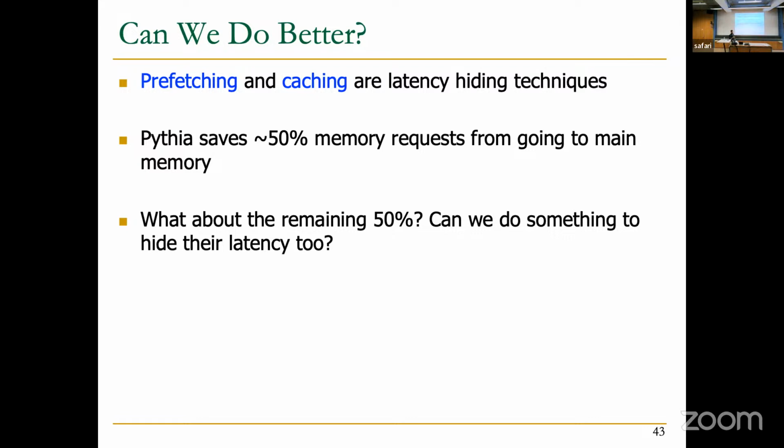So what's the solution there? Can you do something better? We can always say that if Pythia provides 50% coverage and a stride prefetcher provides some other coverage, you add all the prefetchers together, make a stack of prefetchers, and let all of them work at the same time. Many modern processors have multiple prefetchers in the same core.